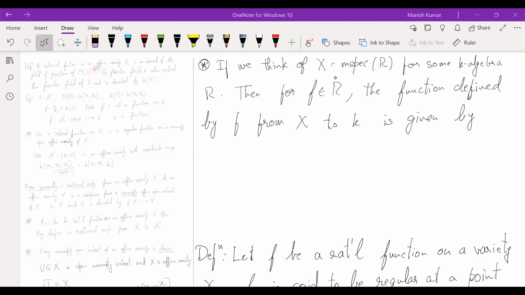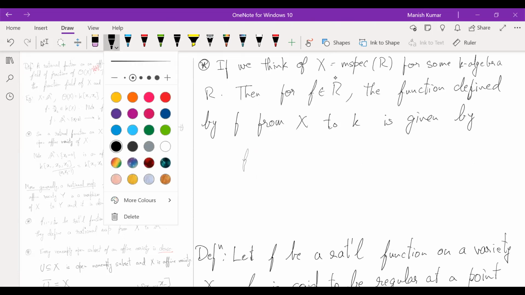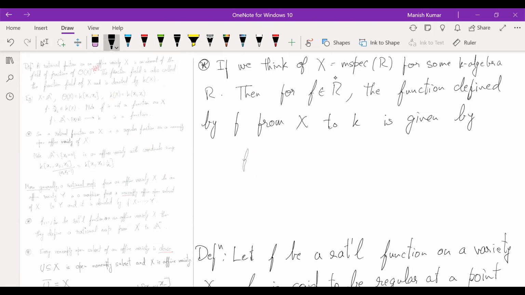Since f is an element of R, f is a regular function from X to K. So how does this regular function define a function from X to K?